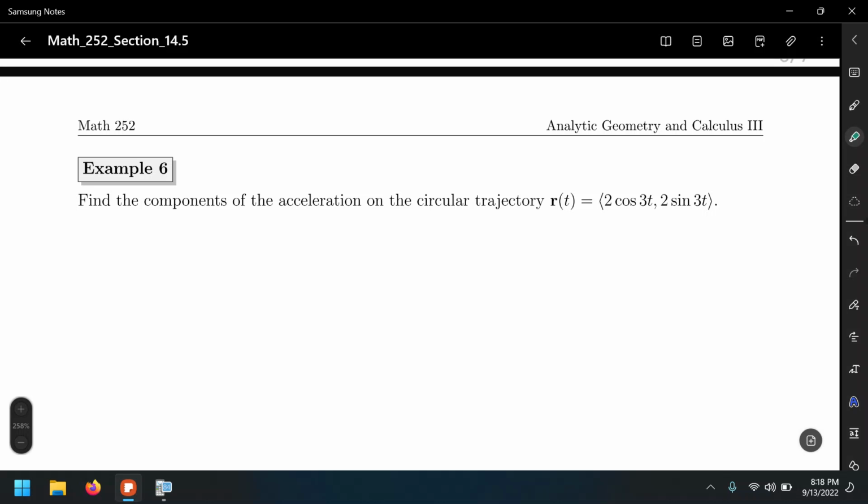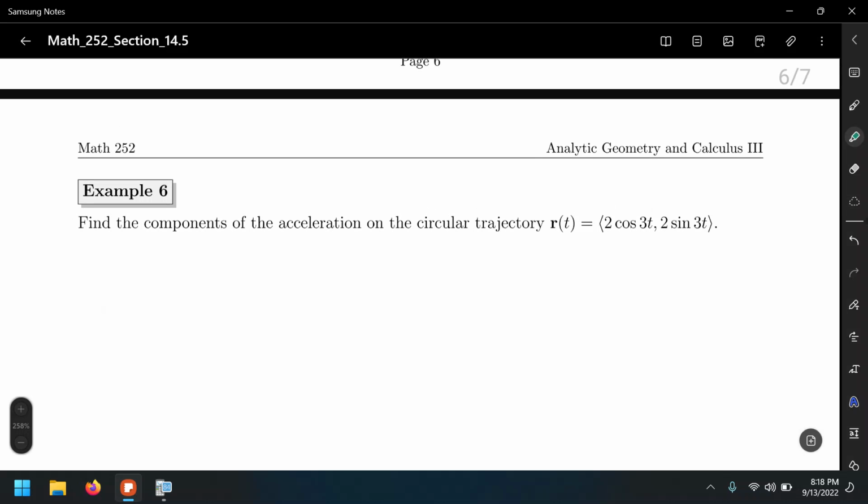In this first exercise, we're going to do it using the second alternative: a sub n equals the magnitude of the cross product between the velocity and acceleration over the magnitude of the velocity. All right? So find the components of the acceleration on the circular trajectory given by this equation.